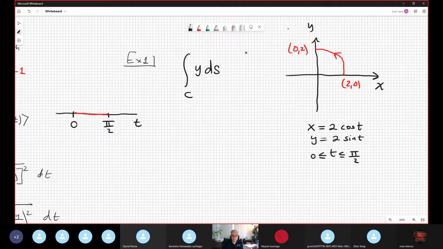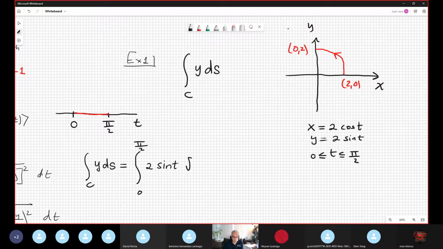Okay? Now ready. So who is y? Well, y is easy. You rewrite the original problem as another problem. I know that we finish in one elementary single integral from 0 to pi over 2 in t, and everything inside is a function of t. Who is y? y is 2 sine t. And who is ds? ds is a little bit more complicated.